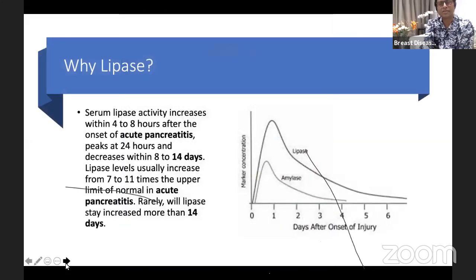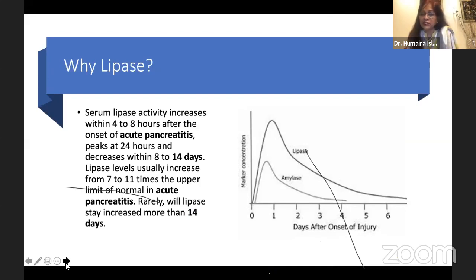Good. Yes, Humayra. Actually, we would recommend CT scan if the patient develops complications, because all these things are seen by ultrasound. So pancreatitis can be managed with ultrasound, and a CT scan may not be required unless other complications have developed.